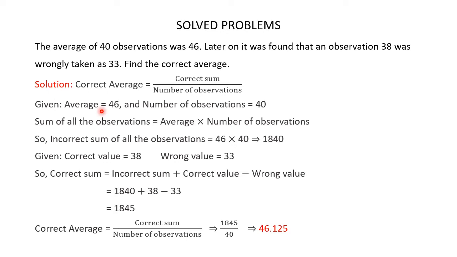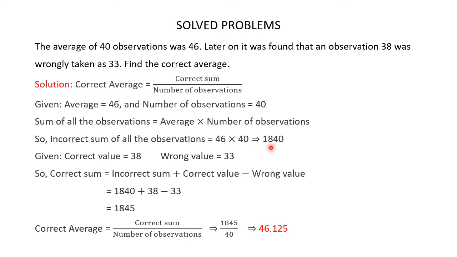Now it's given that average is 46 and number of observations is 40. We know that sum of all the observations is equal to average multiplied by number of observations. This is 46 multiplied by 40, which is 1840.